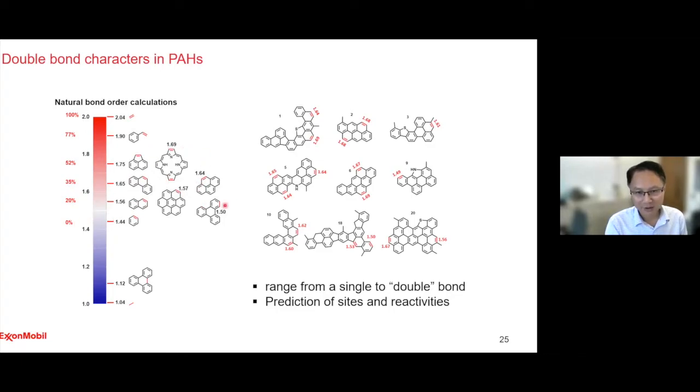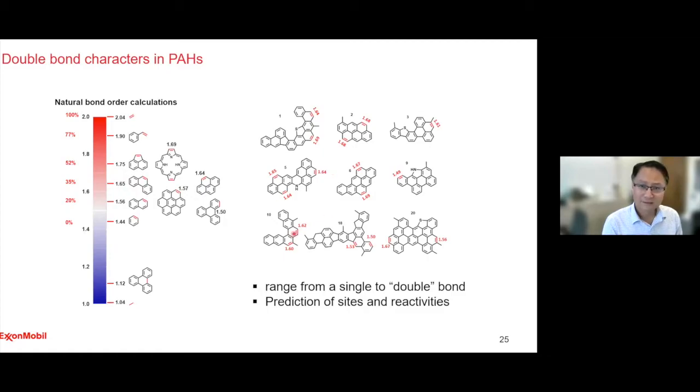And a lot of PAHs have various degrees of double bond character. Now you can calculate for the AFM structure. You can see many of the structures have high double bond character. So these could potentially be the sites for hydrogenation during hydroprocessing, and could also be used for reactions. For example, under certain conditions, you can make the chemical reactions at this site because they have higher double bond character.